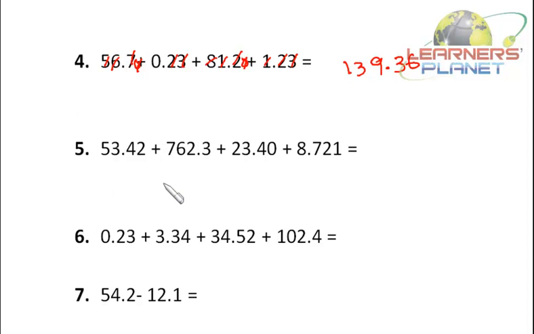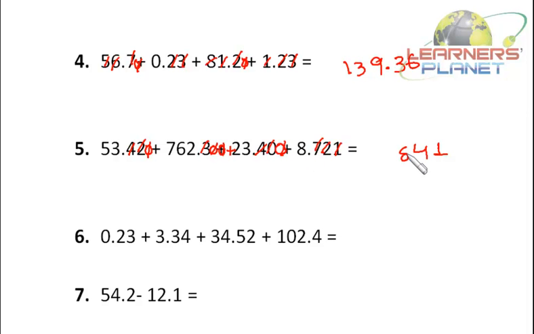Now the next problem. I put a 0 over here. I put 2 zeros over here. Then I put 1 0 over here. Let's begin the calculation. It's 0, 0, 0 and I got 1 at the units place. Then it's 2 plus 0 plus 0 plus 2, 4. Now 4 plus 3, 7 plus 4, 11 plus 7, 18.